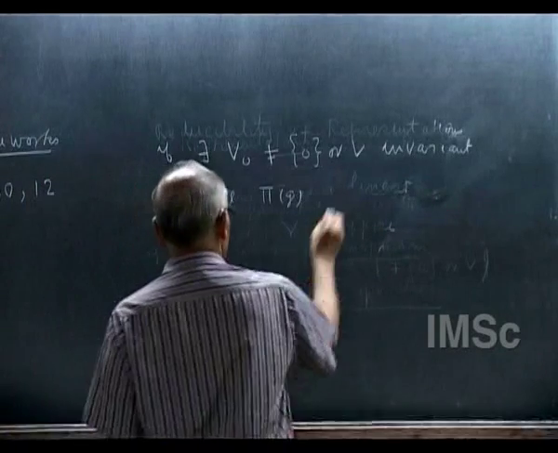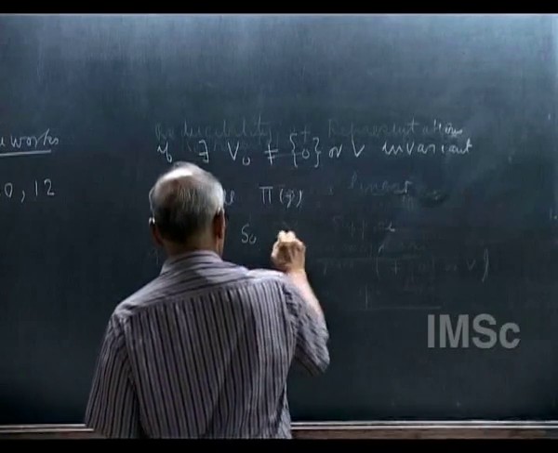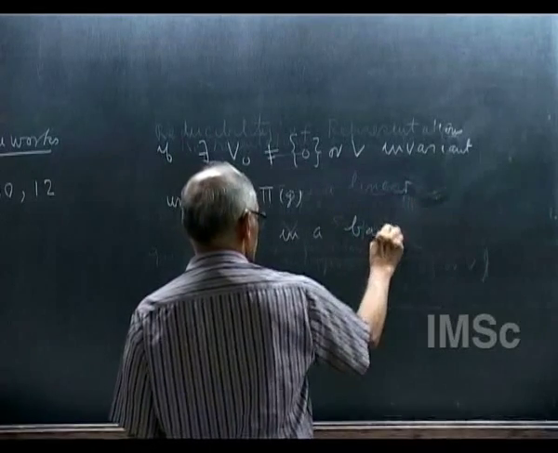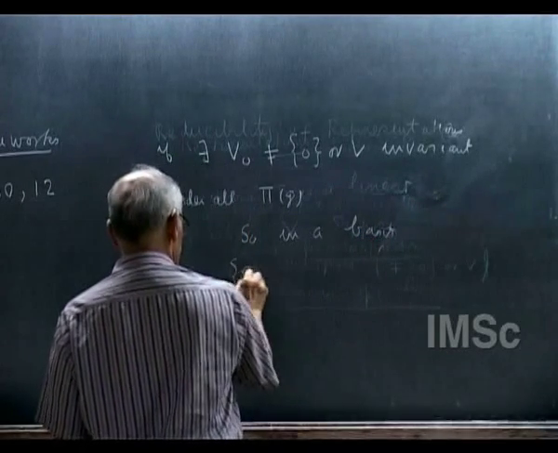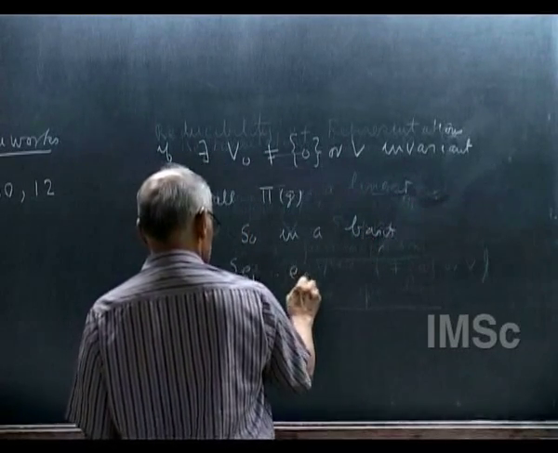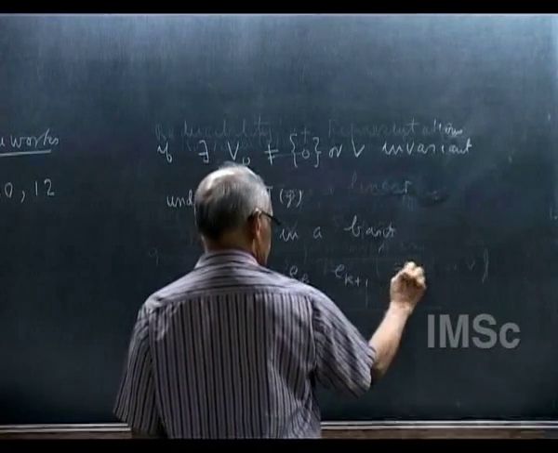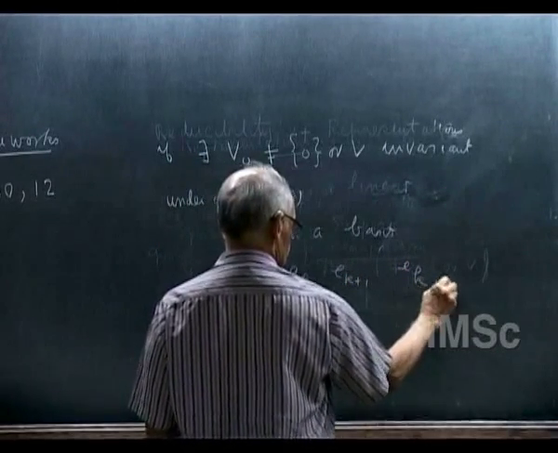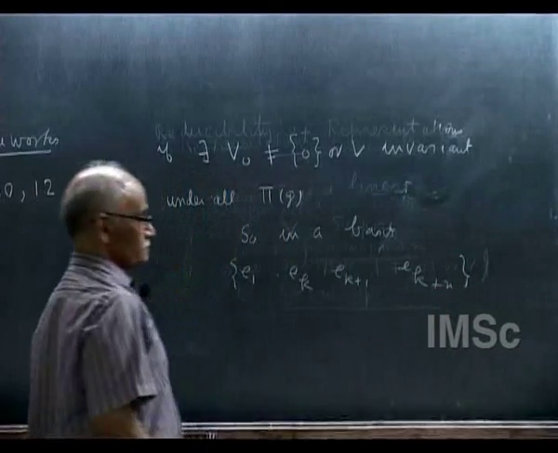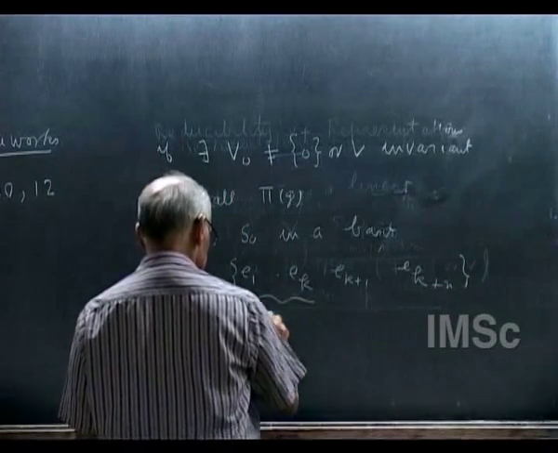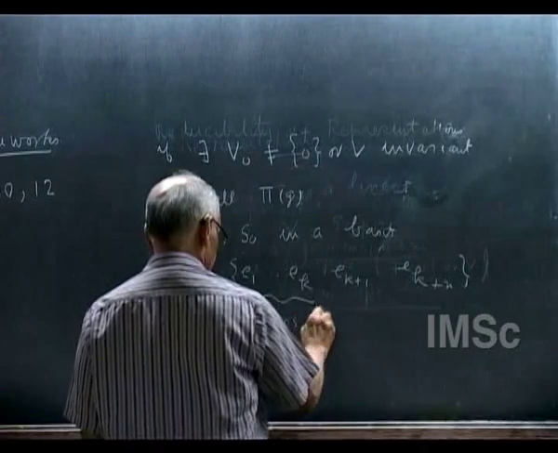So, in an adapted basis, I write E1 up to Ek, then Ek plus 1 up to Ek plus n, where the first k are spanning V0.